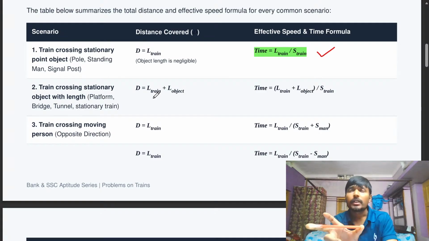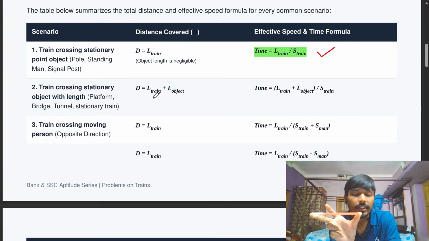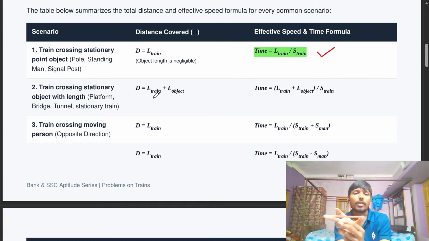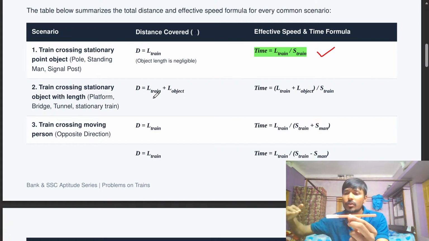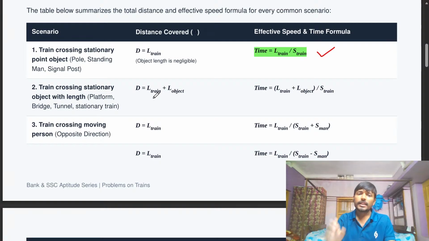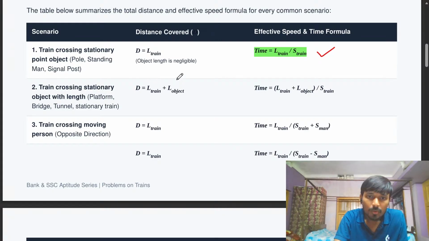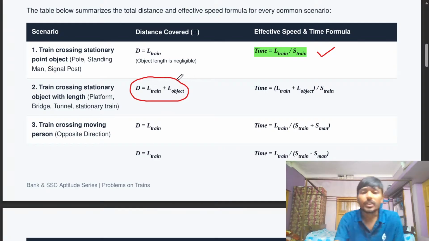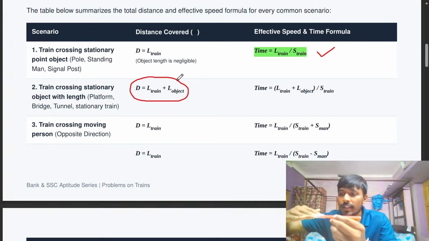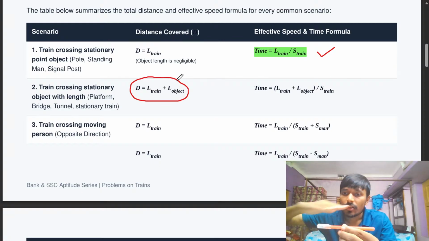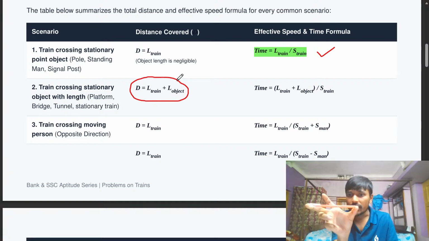It can be a platform, a bridge, a tunnel, a stationary train, an object with length. Now, if a train is crossing a platform, then distance covered D equals the length of the train plus the length of the object. So distance means the length of this train and the length of this object.